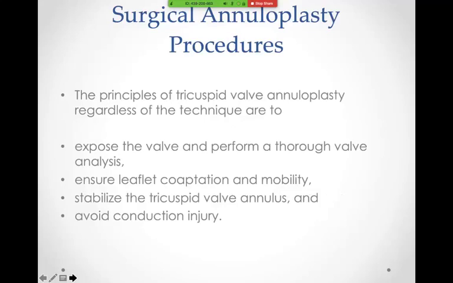So, a few principles you have to consider when you address the tricuspid valve. The first one is, when you snug the vena cava during surgery and open the RA, the first thing you have to do is look at the tricuspid valve anatomy, assessing the annulus, the valve leaflets, and the subvalve apparatus.